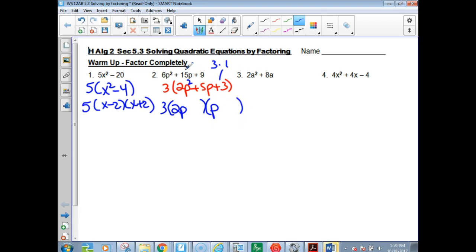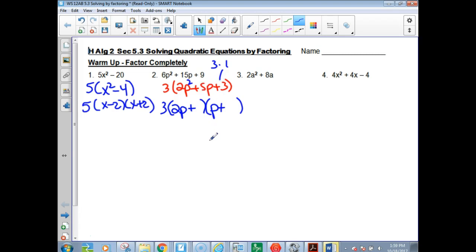These are all addition up here, plus plus, so these have to both be addition. You can't have the signs opposite because then the end term would be negative. You can't have the signs both negative because the middle term needs to be positive. So that's why it's plus plus.